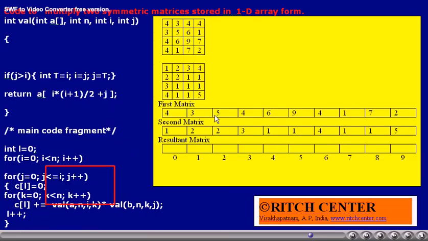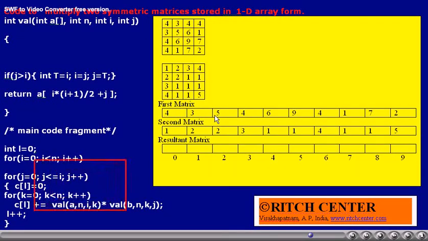In the following slides, we will explain how the zeroth row, zeroth column element of the product matrix, that is going to be the first element of the product matrix 1D representation, is calculated.